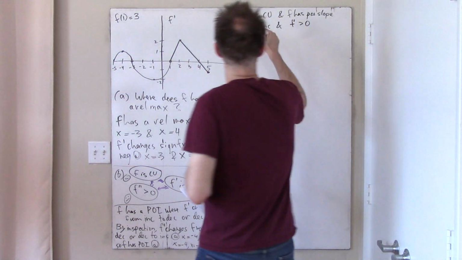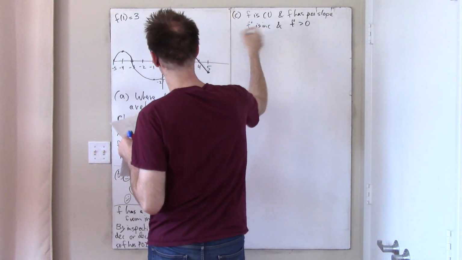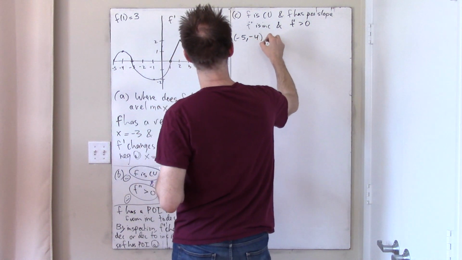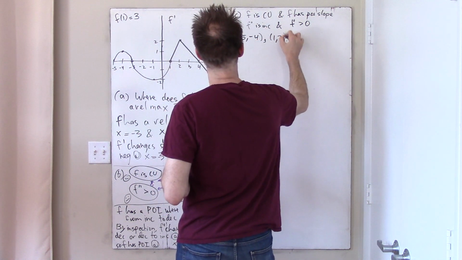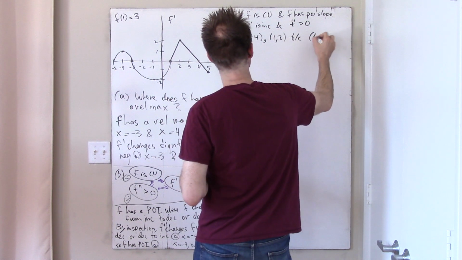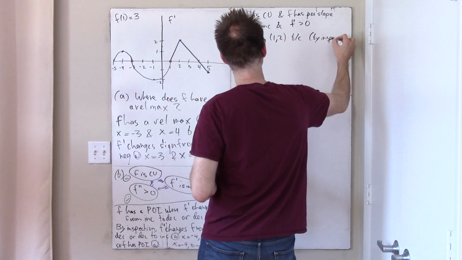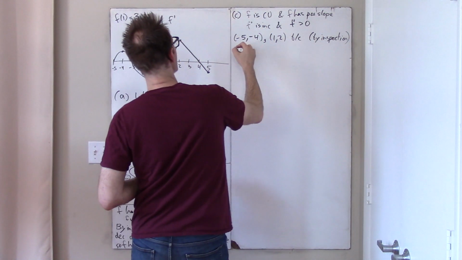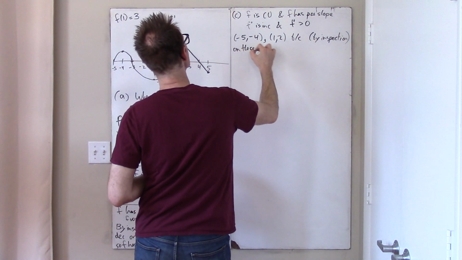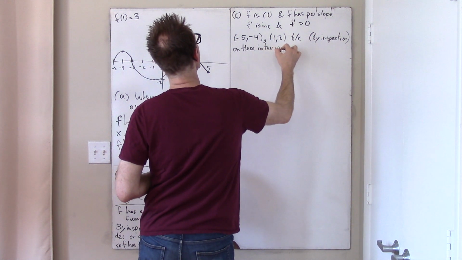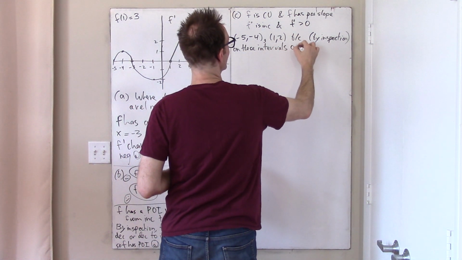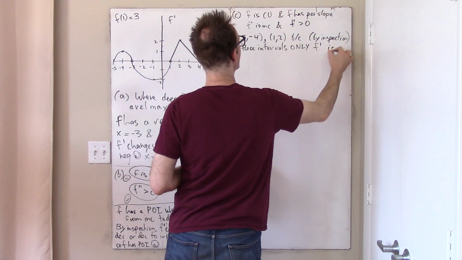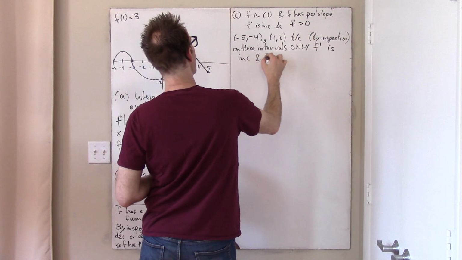So one way to answer this is: -5 to -4, and 1 to 2, because, once again, you don't have to write this, but if it makes you feel better, by inspection, which is just another way of saying I'm looking at the graph, on these intervals, and if you also want to be fancy, you can write only, f prime is increasing and positive.